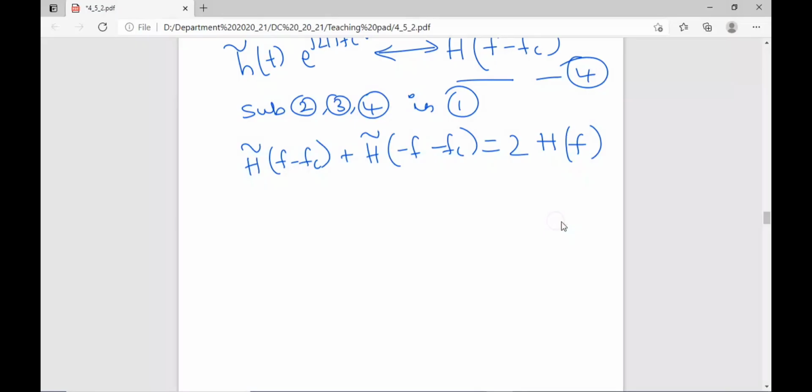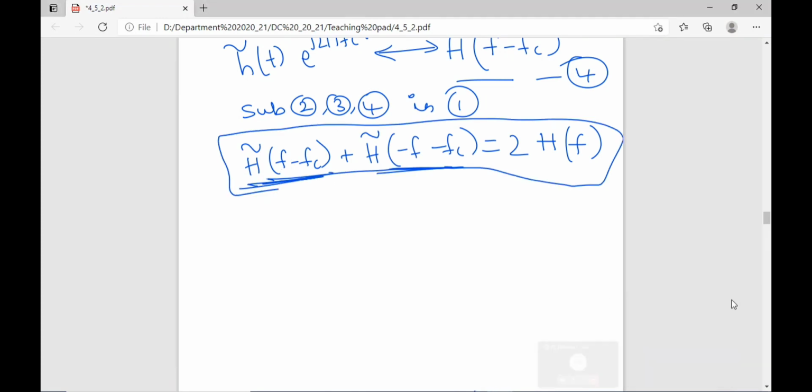For the complex envelope, again we need only the positive frequencies.